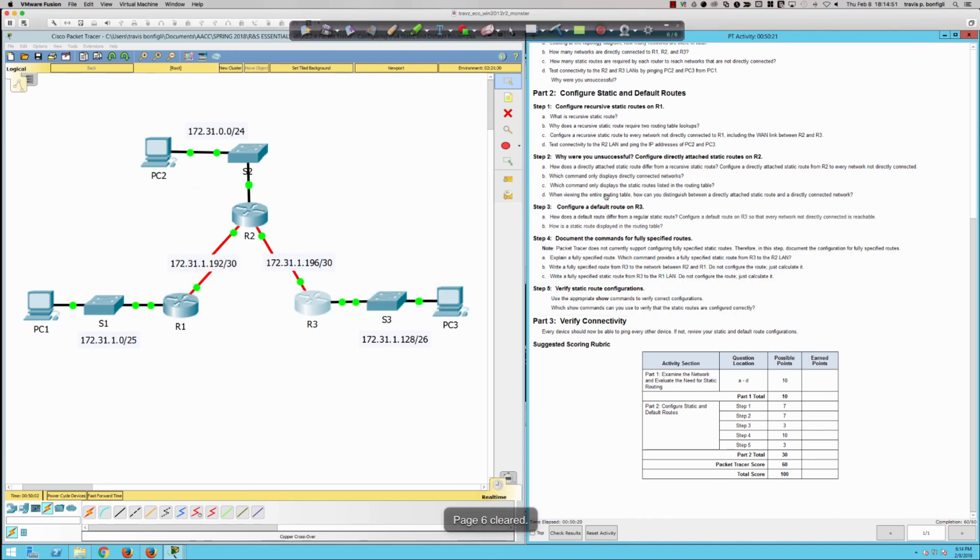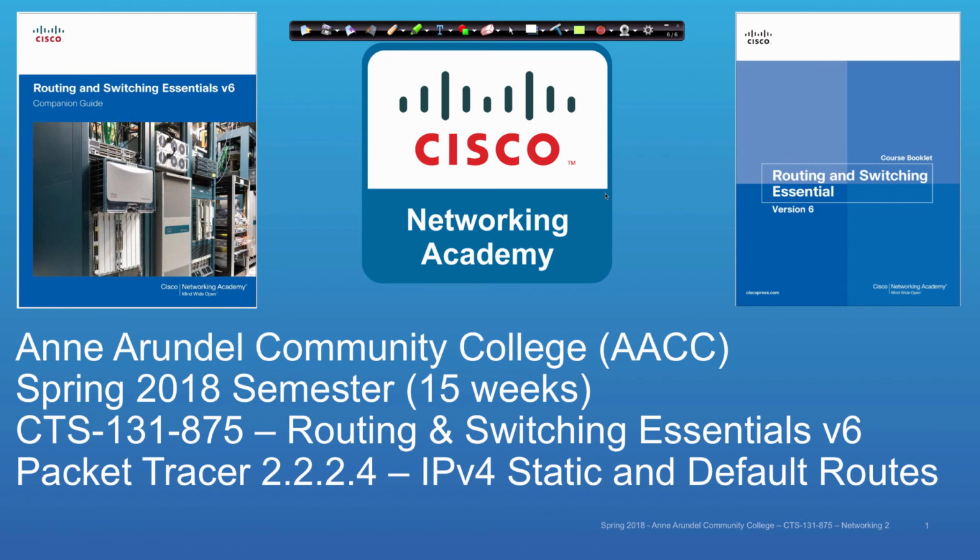All right, this is going to wrap up Packet Tracer Activity 2.2.2.4, where we took a look at IPv4 static and default routes, and we went deep dive. We did a recursive route, and we talked about what that is and why it's recursive. We did a directly connected static route. We talked about what the differences are and why you get that nice little warning message that there may be a performance hit.